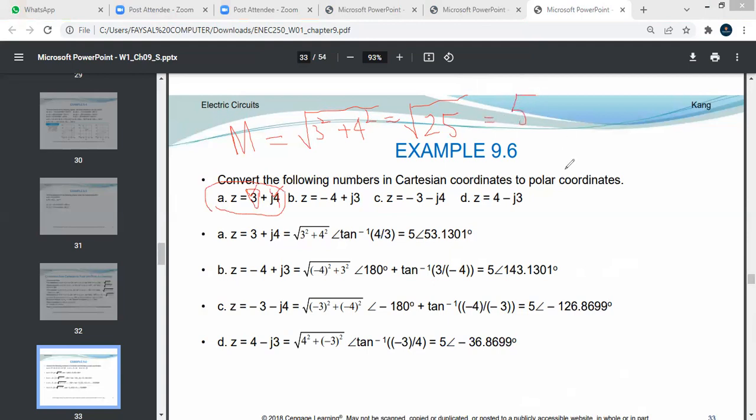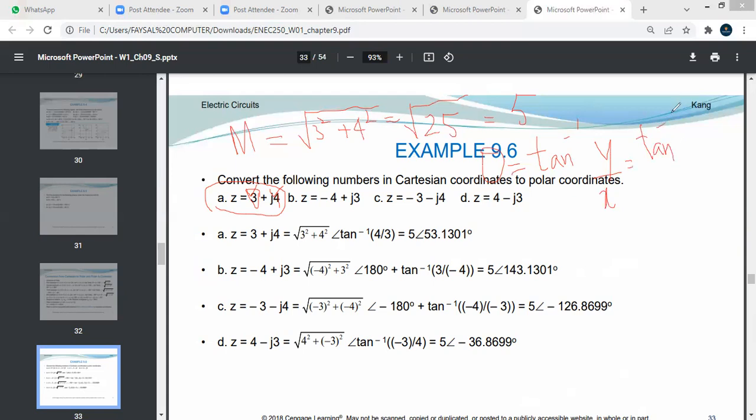And then the second thing in my polar component is finding the theta. Theta equals tan inverse y upon x. What is the value of y?